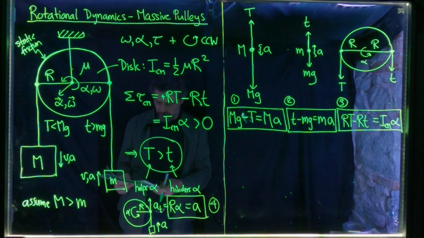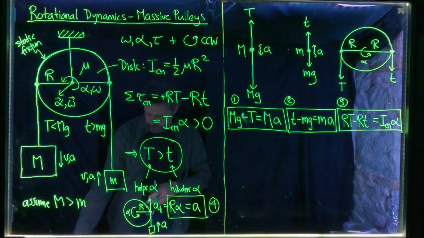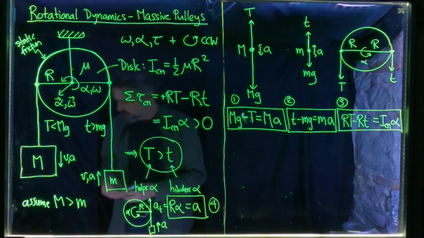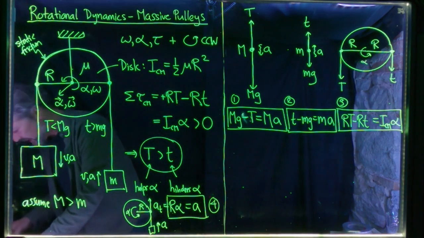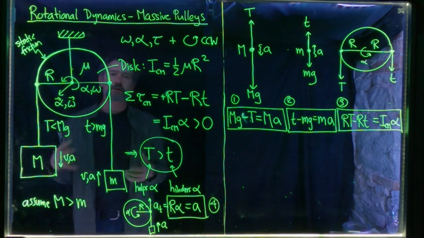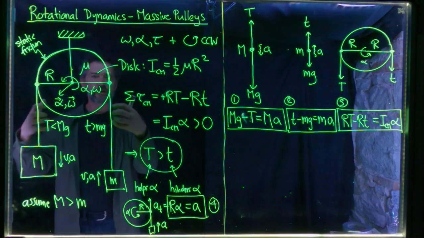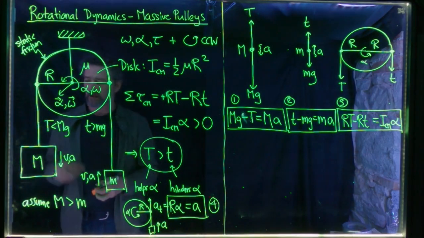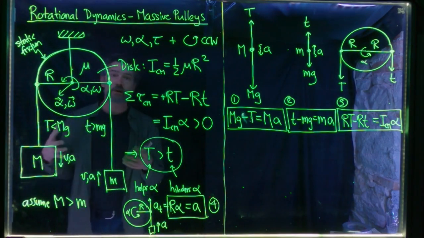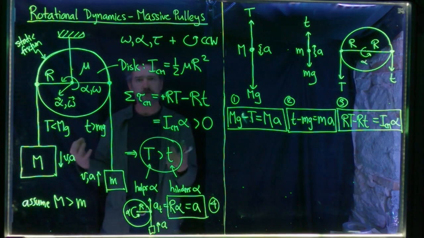Oh, right, I also wanted to point out that since we have 3 objects here exerting forces on each other through the tension in these ropes, there are Newton's third law action-reaction pairs of forces.